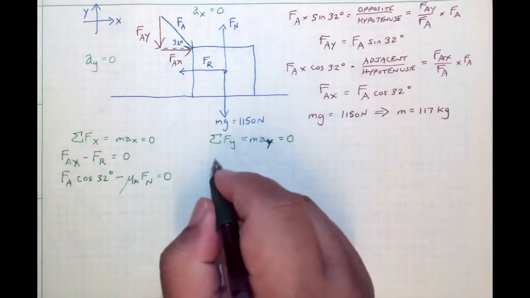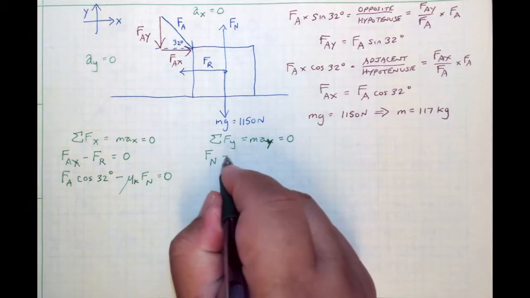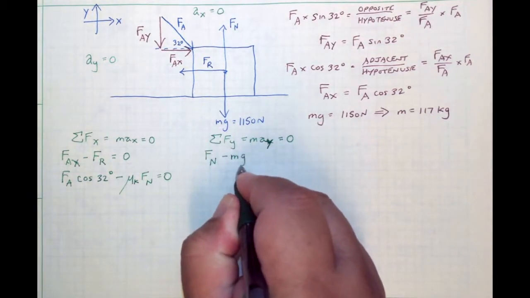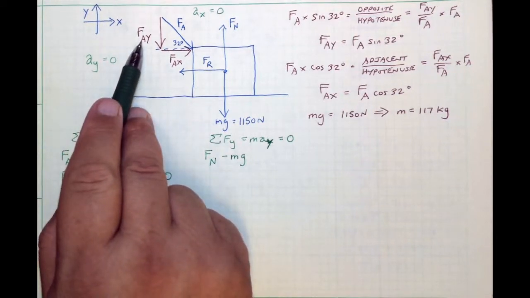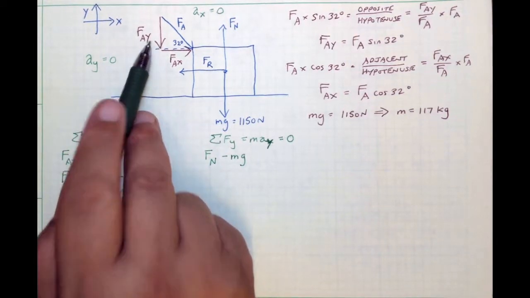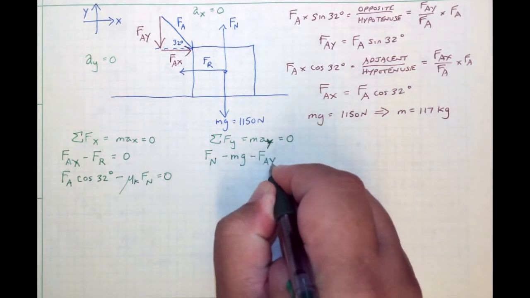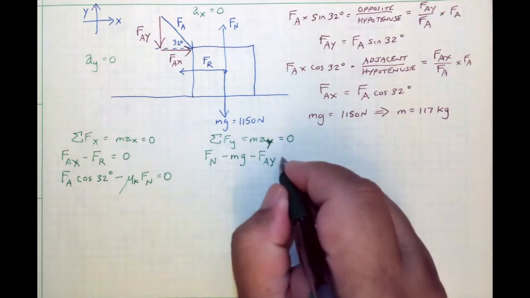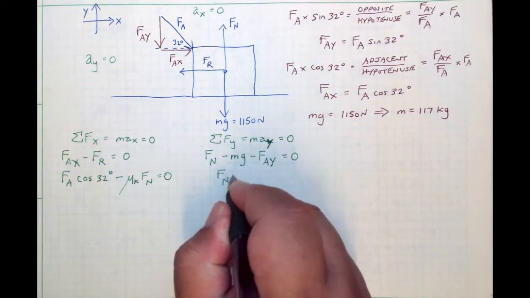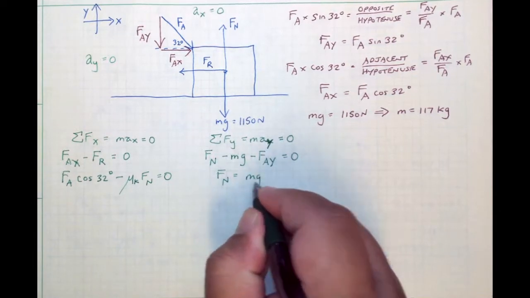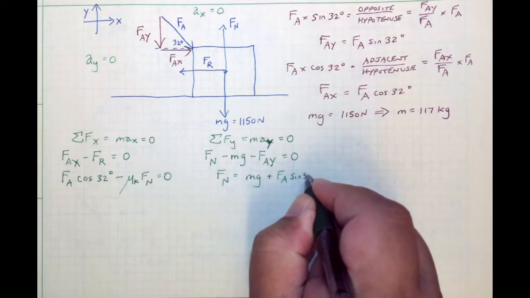Here we have the normal force upward, positive. We have the weight force downward, negative, that remains the same. But here, the y component of our applied force is downward, and so it is going to be a negative force. They must balance, and so solving for the normal force, we get mg plus Fa sine 32.